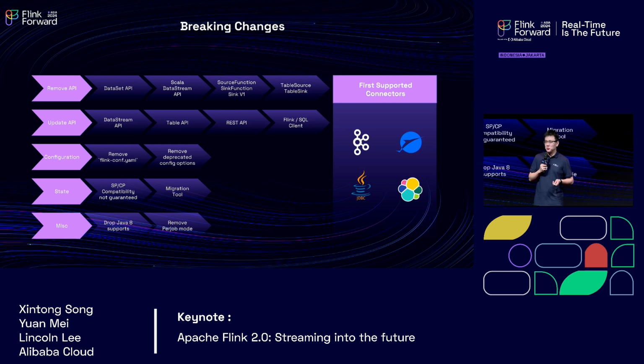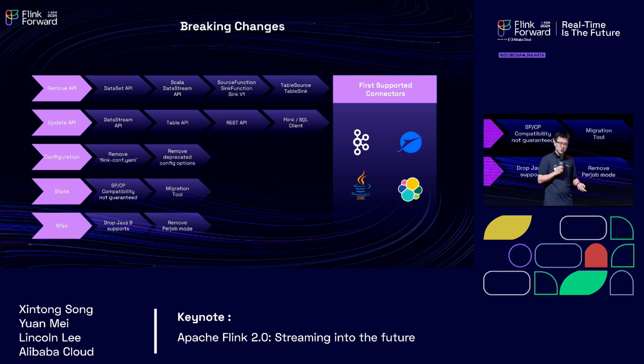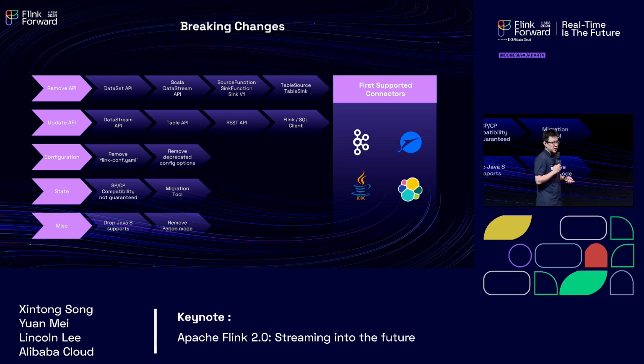These will be supported by the time the formal Flink 2.0 release is out, and the remaining connectors will be supported gradually. Community developers are more than welcome to join us in accelerating the adoption of Flink 2.0 for the connector ecosystem.